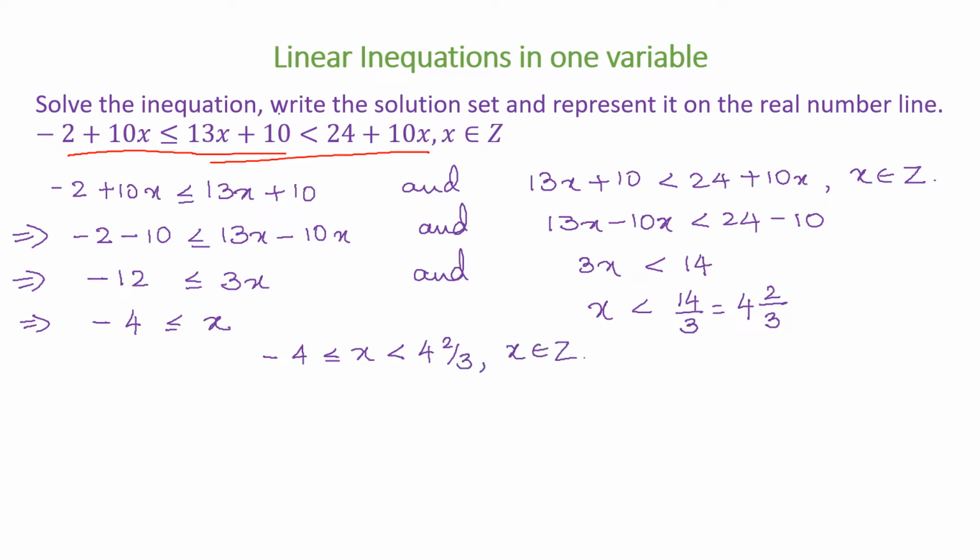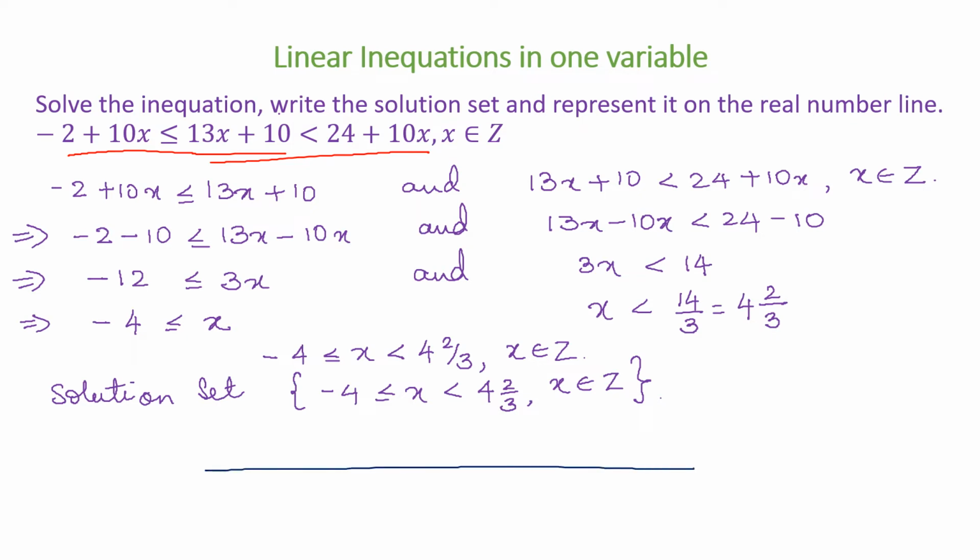So my solution set, therefore, is going to be minus 4 is less than or equal to x is less than 4 2 by 3, x belongs to Z. And when I want to draw the number line, I have minus 4 over here and I have 4 2 by 3 over here.